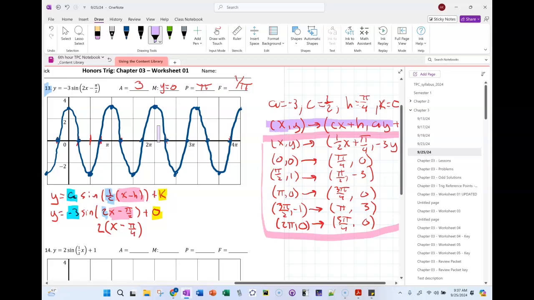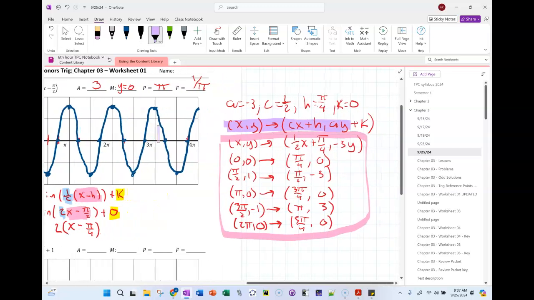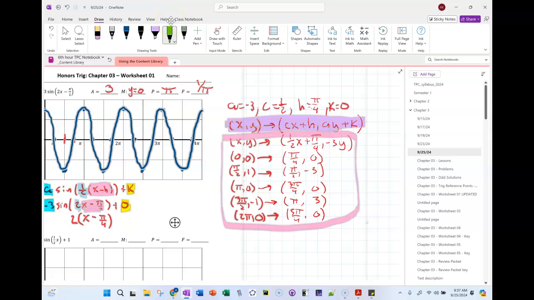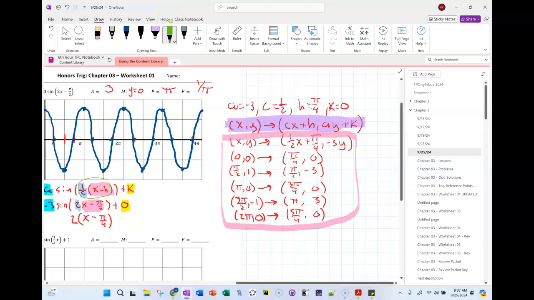So the super critical piece that we absolutely needed to move forward on this problem is remembering that function map. The easiest way to remember it is that the C and the H are affecting the X variable.